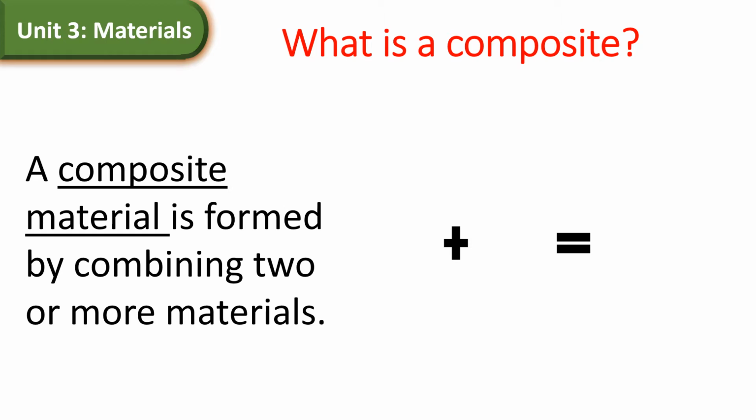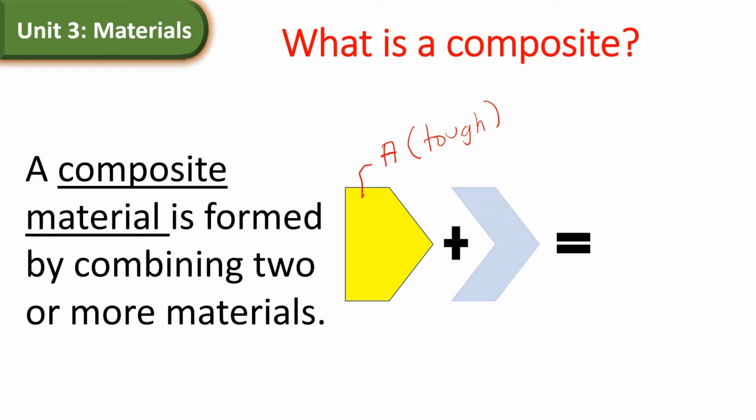For example, I have here your material A. Shall we say this one is tough, meaning strong. And then I also have here your material B, which is light, meaning not heavy.